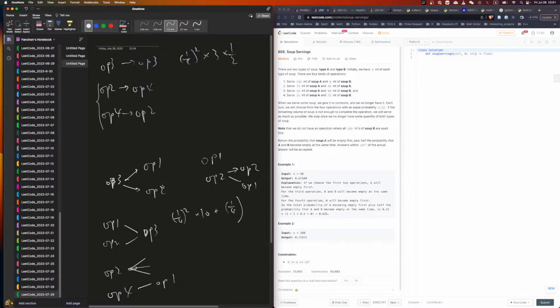These two are right. OP1, OP3, these are also right. OP2 starts. Oh, OP2, you cannot do OP4. So OP4, we swap OP4 with 1, 2, 3.